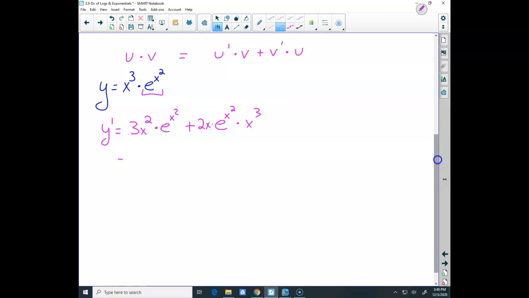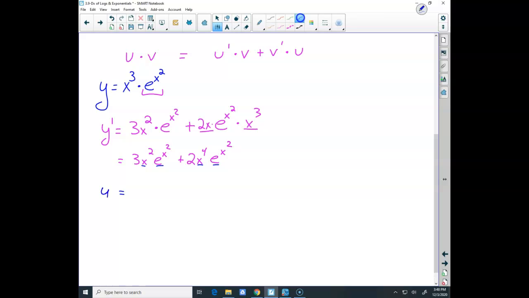So then, as I'm looking here, this is going to clean up just a little bit, okay? 3x squared e to the x squared plus, these are going to get put together for a 2x to the 4th e to the x squared. And I can clean that up a little bit, meaning I can factor out an x squared and an e to the x squared.